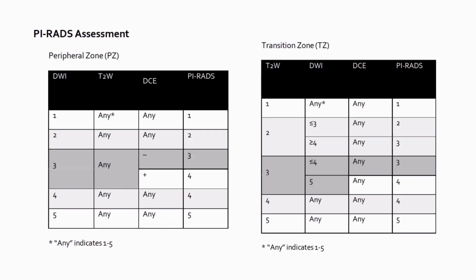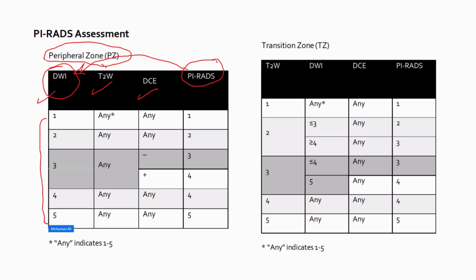In the last session, we discussed the peripheral zone, and we agreed that diffusion weighted image is the dominant sequence. RADS obeys the orders of the diffusion weighted image. We give the lesion a score from 1 to 5 for every sequence: diffusion, T2, and dynamic contrast enhancement.